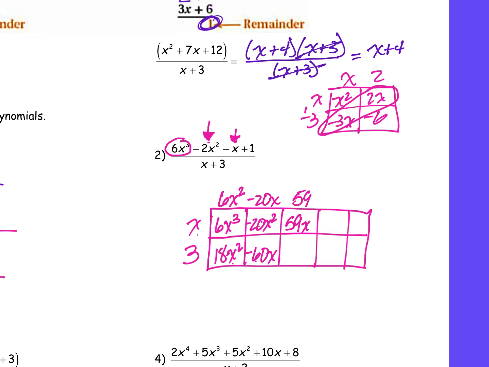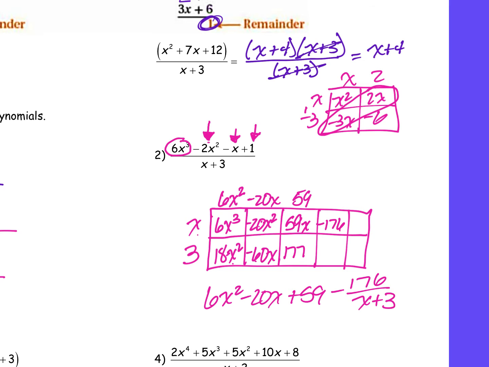What's 59 times 3? 177. And then what do I have to add to 177 to get 1? Negative 176. And there's my remainder, because there's no x. I can't multiply x by anything to get negative 176. Done. So my answer becomes 6x squared minus 20x plus 59 minus 176 divided by x plus 3.